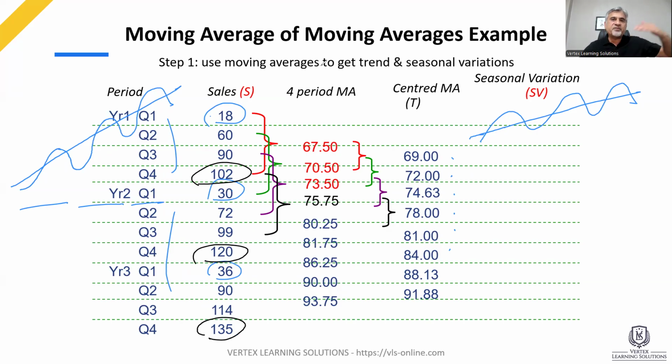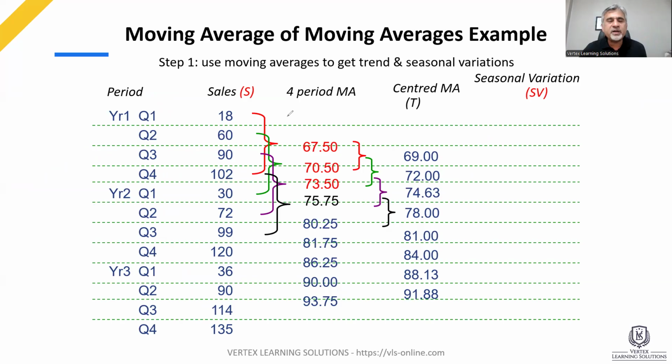So every time quarter 4 is increasing, every time quarter 3 is increasing. So overall it is increasing. But when you saw this data, it went up and down, and you wanted a straight line. And that straight line we called the trend line. And that trend line is here: 69, 72, 74, 78. So it is increasing. This is the trend.